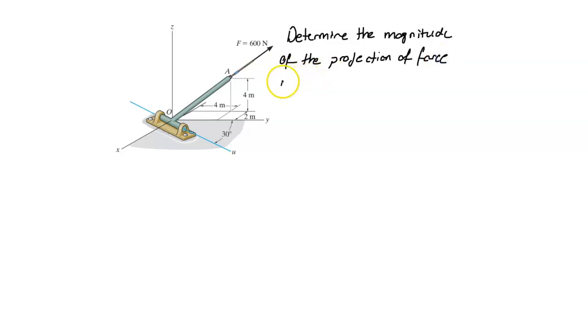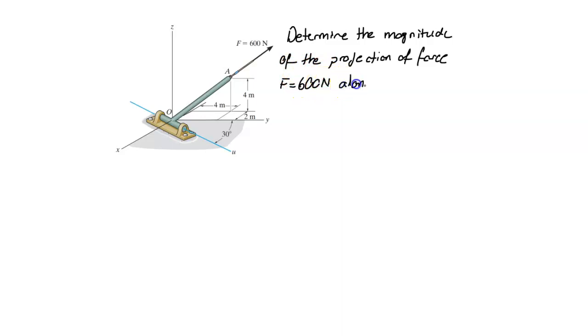So determine the magnitude of the projection of force F equals 600 Newton.